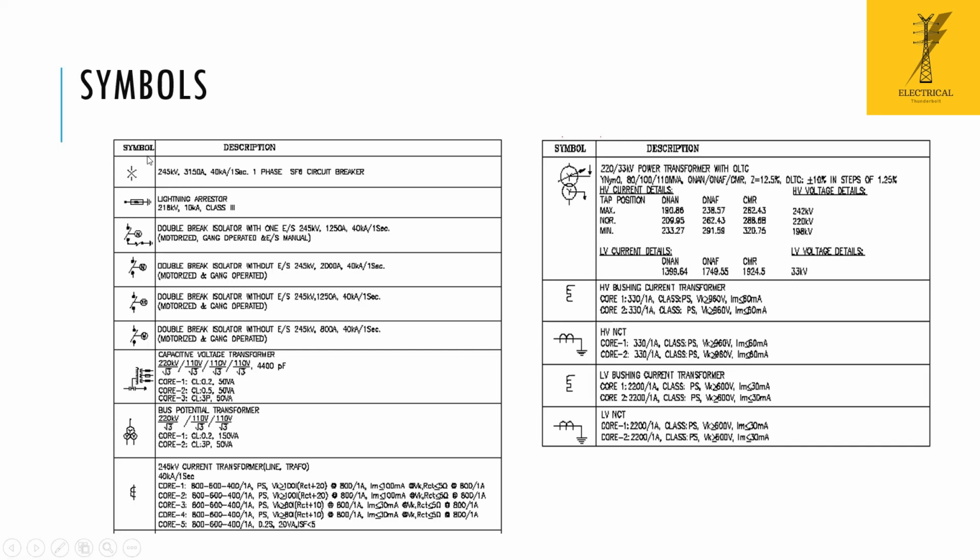This is the breaker, lightning arrestor, isolator with an earth switch, isolators which are motorized and gang operated isolators. This is the capacitive voltage transformer. As I forgot to explain, I will clear this for you. These are the potential transformers, and this is a current transformer, CTs, transformer bushing CTs, and neutral current transformers.